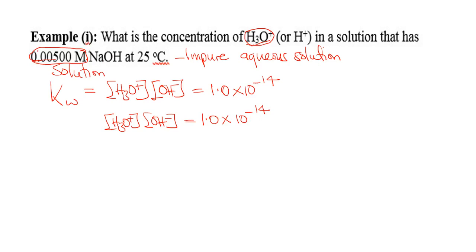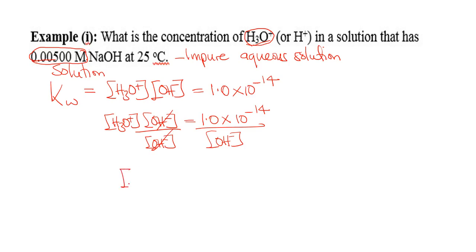But we already know the concentration of sodium hydroxide. It is given here. So if you want to determine the concentration of acid, the concentration of hydronium, you just need to divide both sides by OH. So this part will cancel.